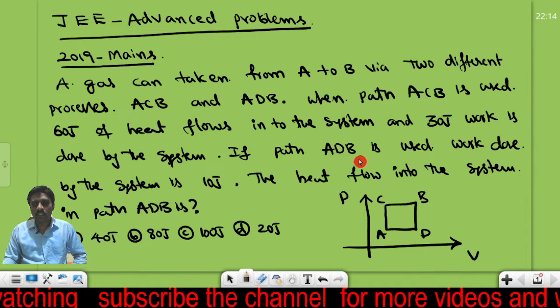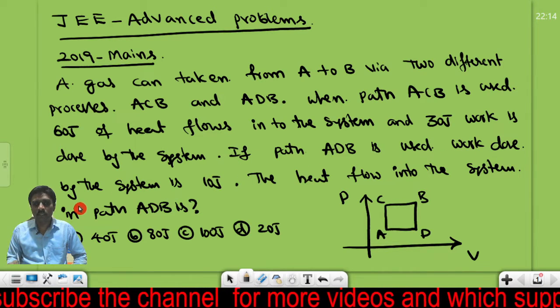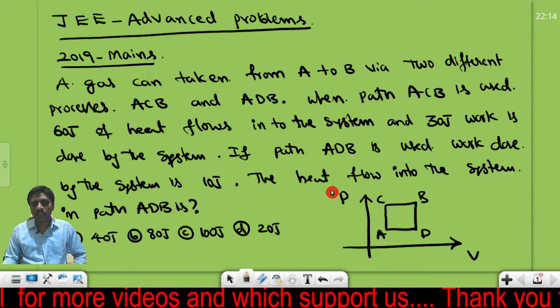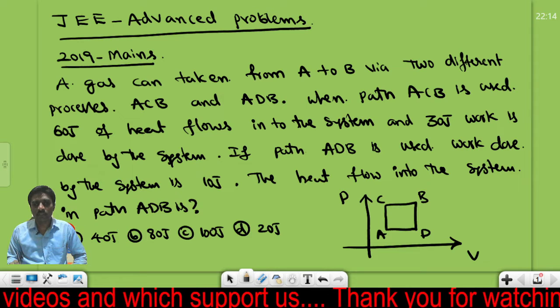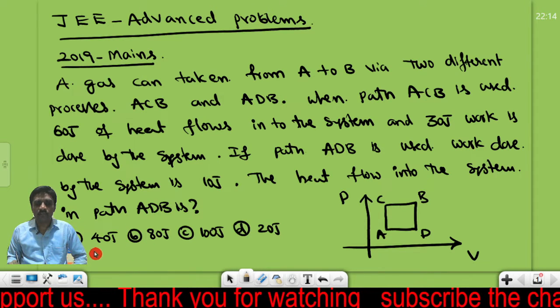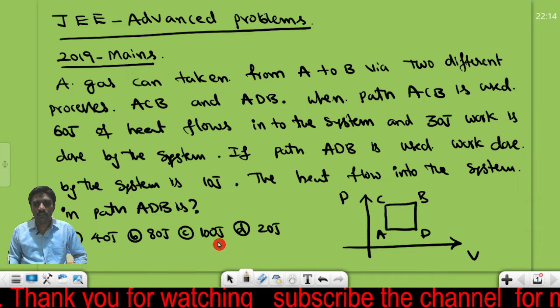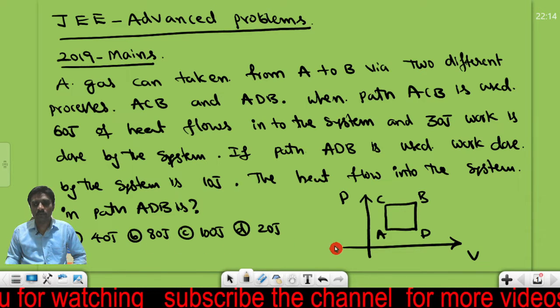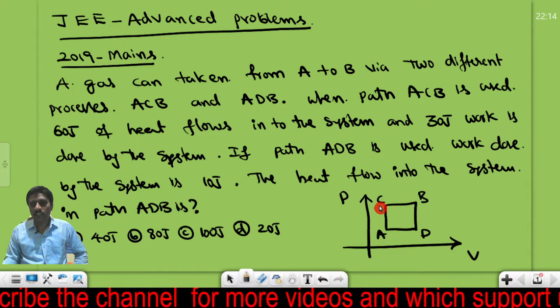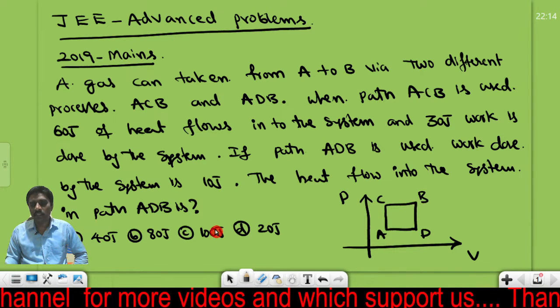If path ADB is used, work done by the system is 10 joule. The heat flow into the system in path ADB is? The options are 40 joule, 80 joule, 100 joule, 20 joule. Here the indicator diagram is given, ACB, ADB. This is the process.